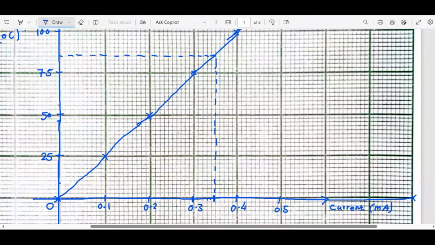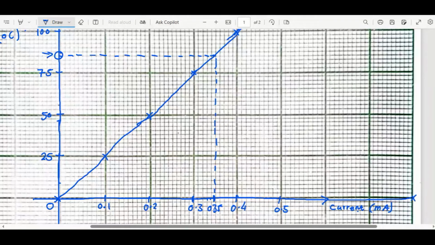So that's what you're supposed to do. You use the given information. In our case, you use current, because current is given, to find the temperature. So which means that at 0.35 the temperature was this number. So what number is this one?